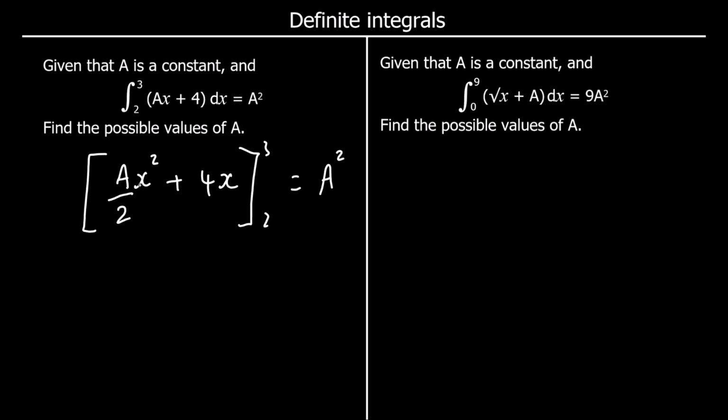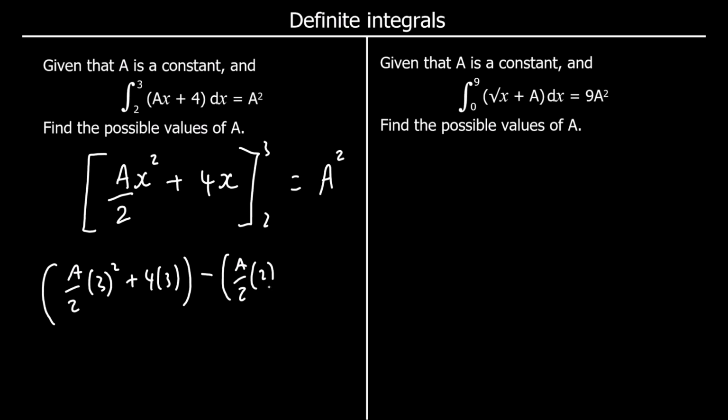So we'll substitute in the 3, substitute in the 2, and take them away. So a over 2 times 3 squared plus 4 3's, minus a over 2 times 2 squared plus 4 2's equals a squared.